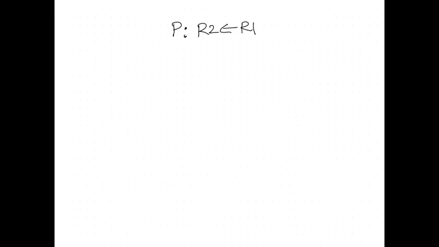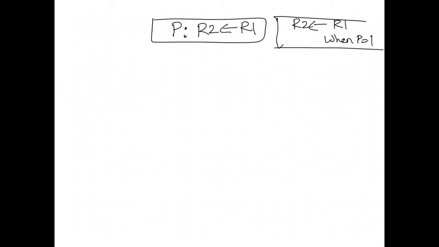What does this mean? The R1 content is moved to R2 when P is equal to 1. That is the meaning of this particular notation. So R1 content will move to R2 when P is equal to 1.